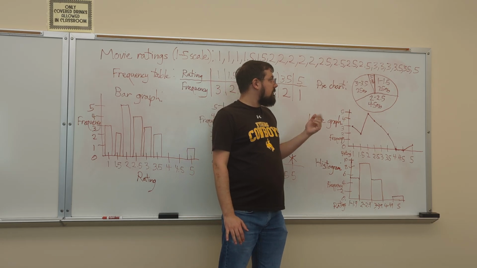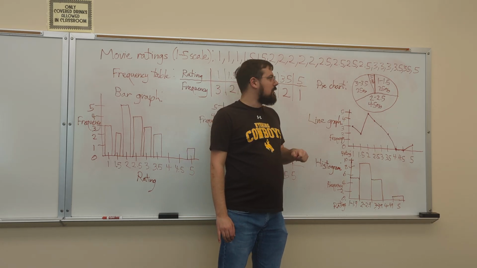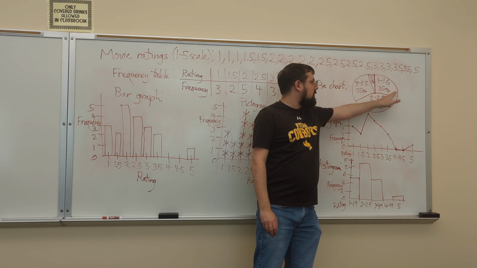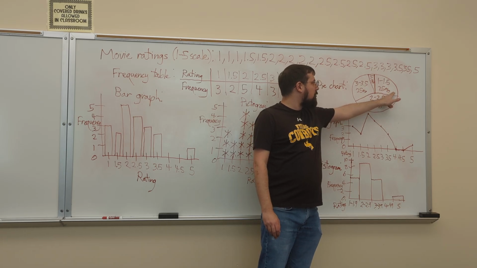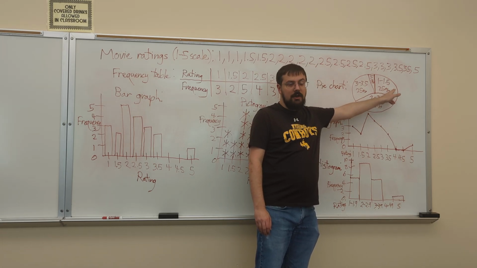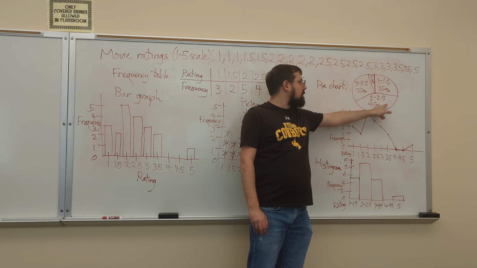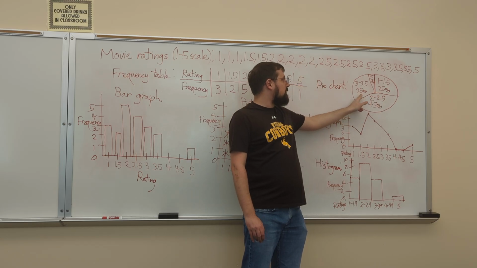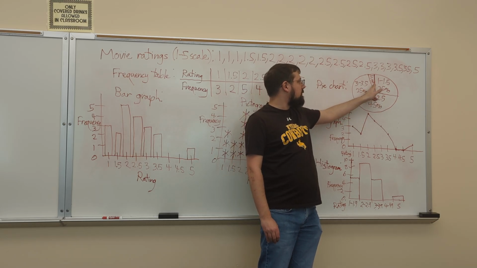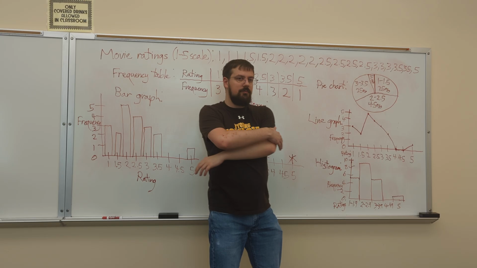And what I've done for this one to help simplify things a little bit is I've combined things into categories. So 1 and 1.5 are 25% of our data, 45% come from 2s and 2.5s, 25% from 3s and 3.5s, and 5% from that 1.5.